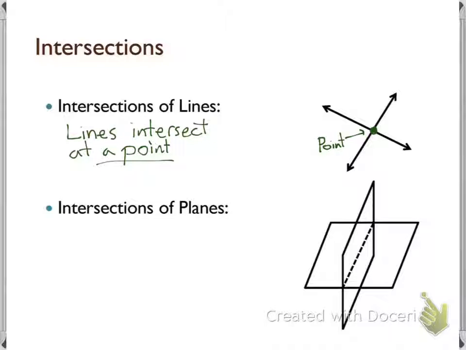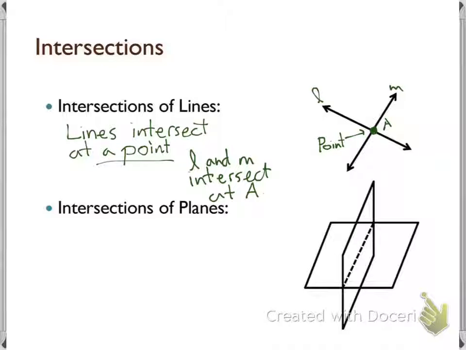Not 2 points. Not anything else, a point. So I could say, maybe, let's call it L, M, and point A. I would say that L and M intersect at A.